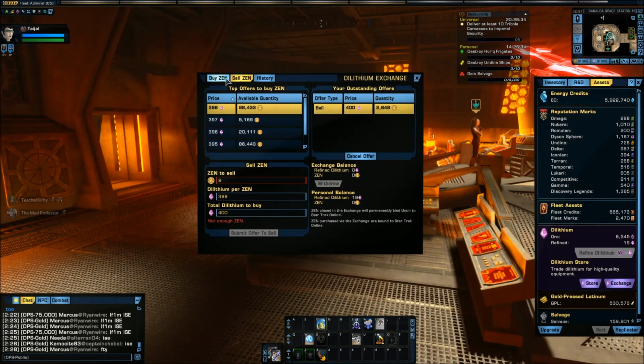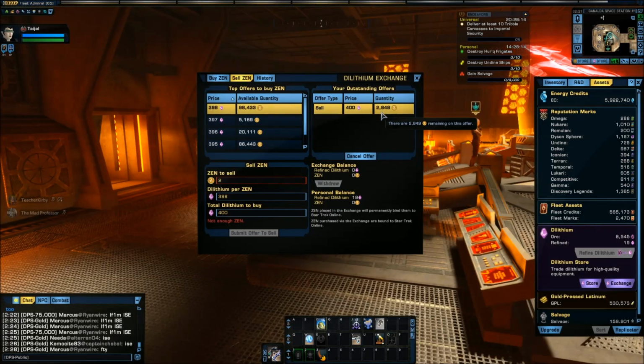Now that means that's 2 dilithium per Zen lower. That means I will basically be gaining this amount, because I have this amount of Zen, I'll be basically gaining this amount of dilithium times 2.